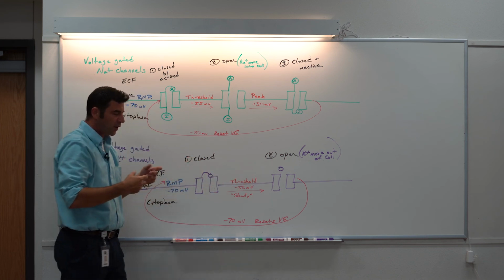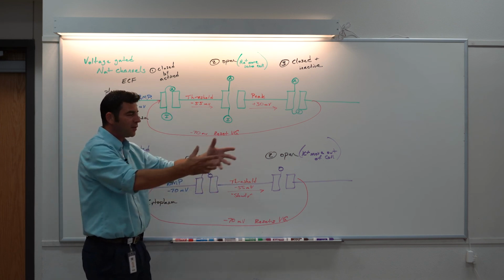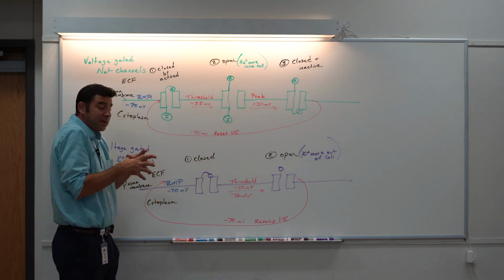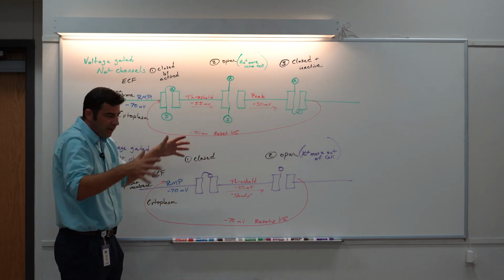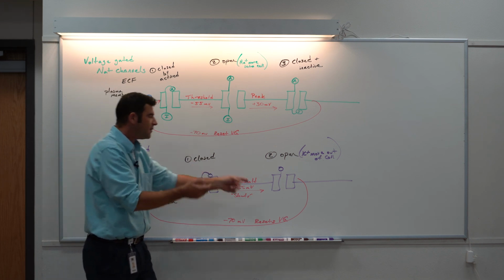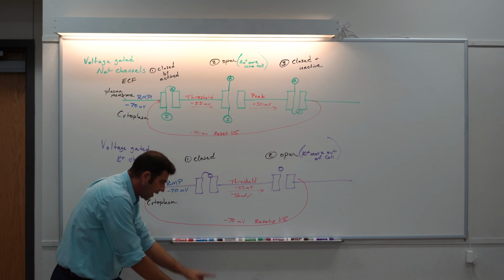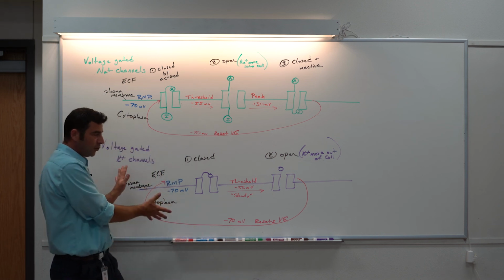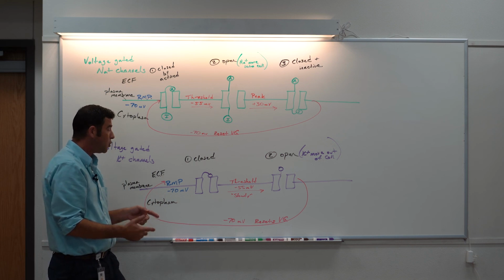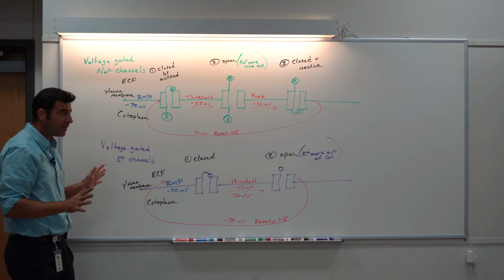And like I said before, the only thing that really allows potassium ions to leave the cell is the concentration gradient, the fact that there's a lot of potassium inside the cell and relatively little potassium ions outside the cell. So they leave the cell, drift down to negative 70 millivolts, and reset these voltage-gated channels. Except in cases of hyperkalemia where there's too many potassium ions outside of the cell.